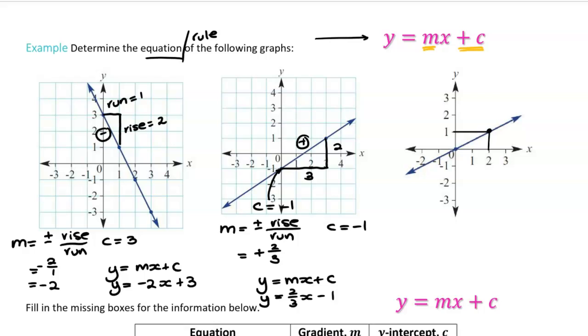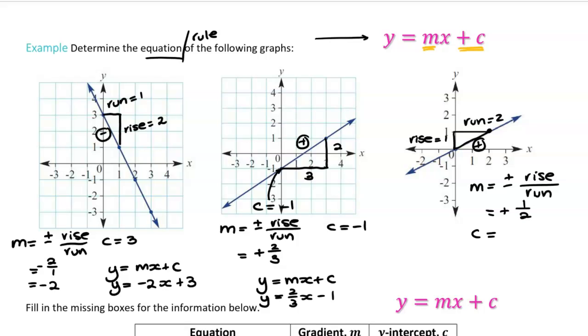So that means we can make this triangle above or below the line, doesn't matter. We've got a rise of 1 here. We've got a run of 2, and it's a positive line. So the gradient, let's pop in the formula like we always do. Remember that plus or minus is just a prompt. Is it an uphill or a downhill line? So that's positive, rise of 1, run of 2.